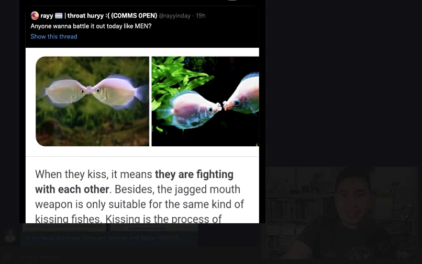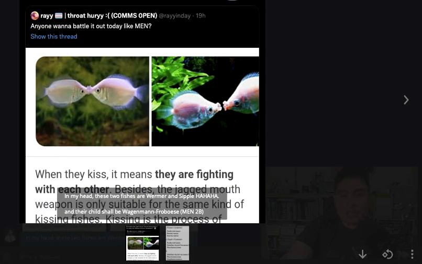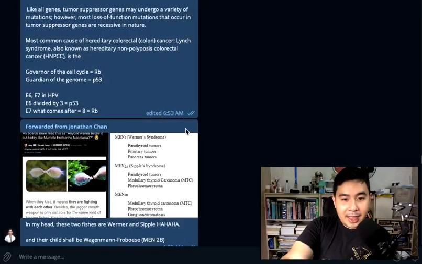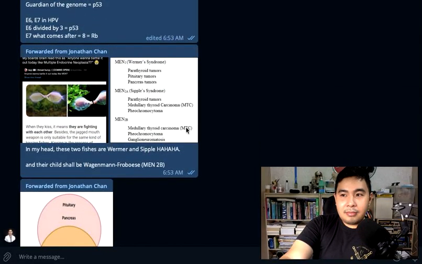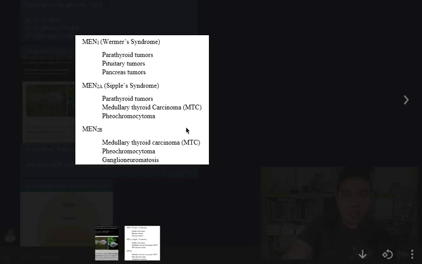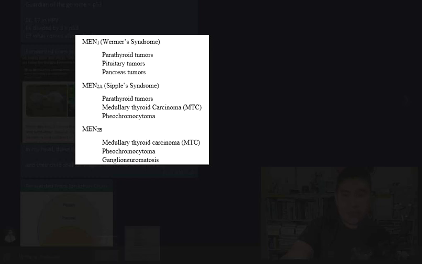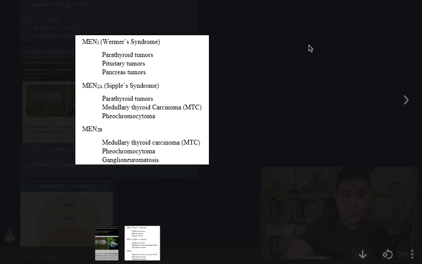So, multiple endocrine neoplasia, what's that? This is a disease that's autosomal dominant as well, and it consists of these different other diseases because it's a syndrome. Point is, we need to know.